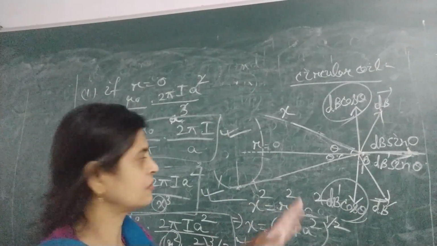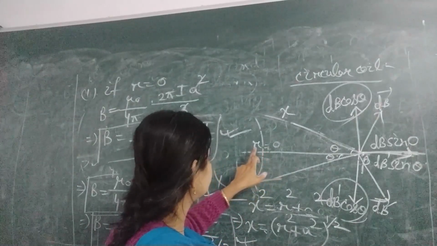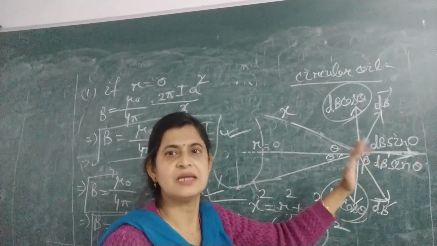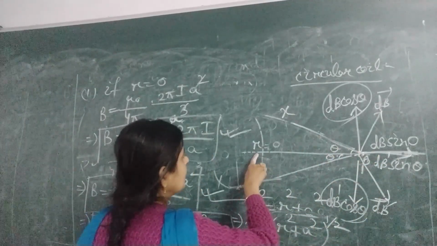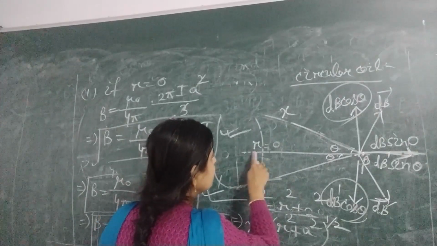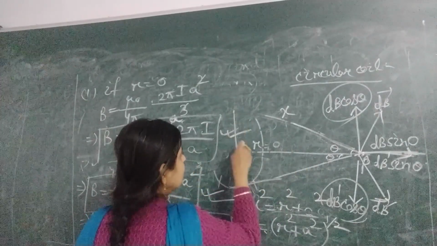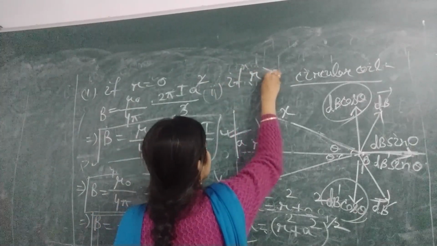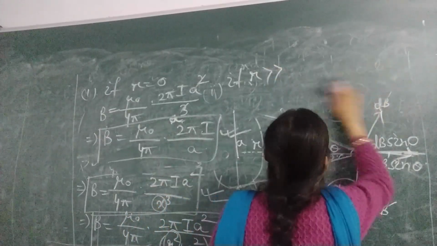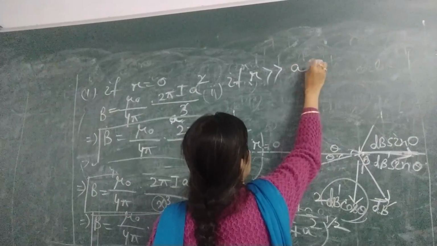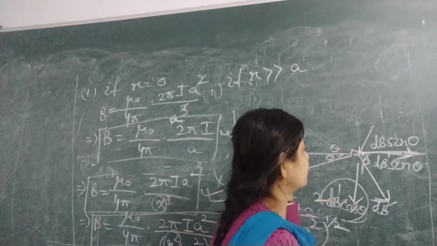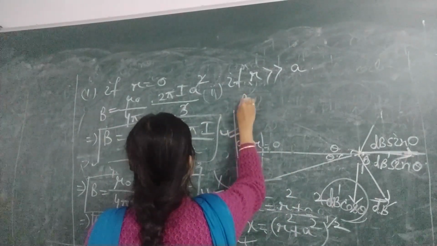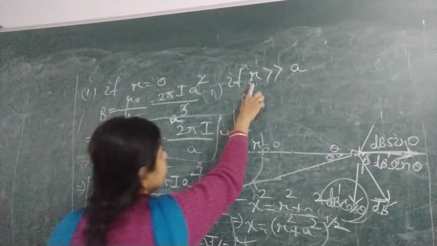Similarly, another situation: if the point of observation lies far away from the center, in other words if r is very much greater than a, which is the radius. At that time the point of observation is far away from the center of the coil.